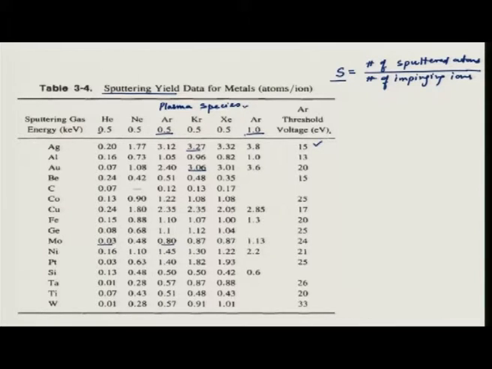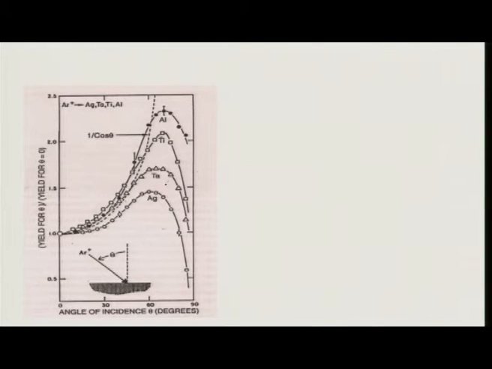And you can see that sputtering yields for different metals in the same sputtering gas vary very differently on a large scale. So, we should also keep in mind that sputtering yield for different elements is different, and let me list down some of the properties it depends on.